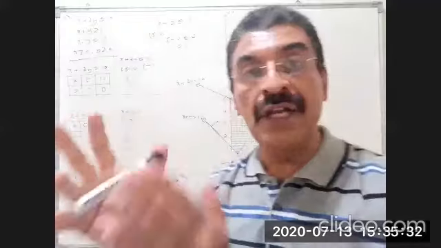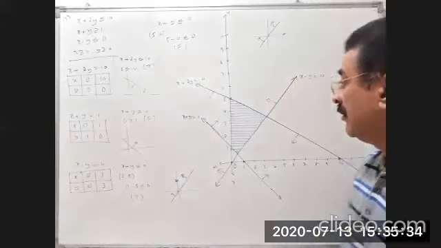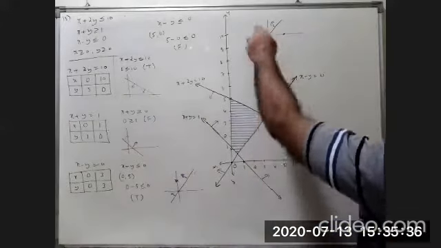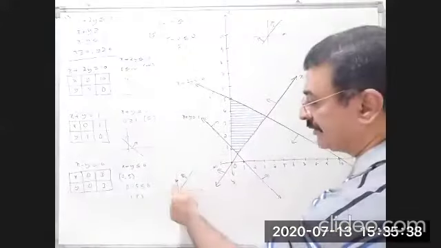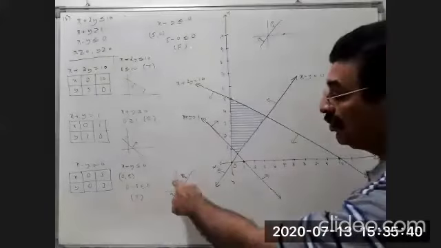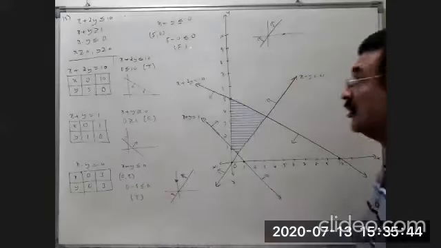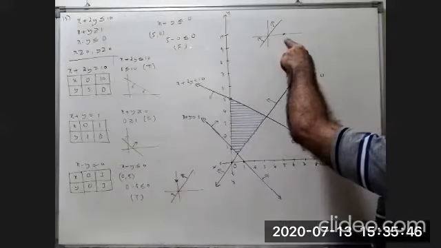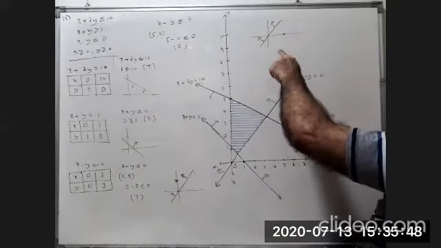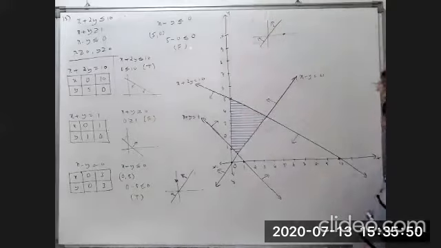Otherwise, you have to shade towards the point. Same thing we did. If you are taking a point on the y-axis, you shade towards it because it is true. If you take a point on the x-axis, since it is false, we shade away from it, or we take the other half.